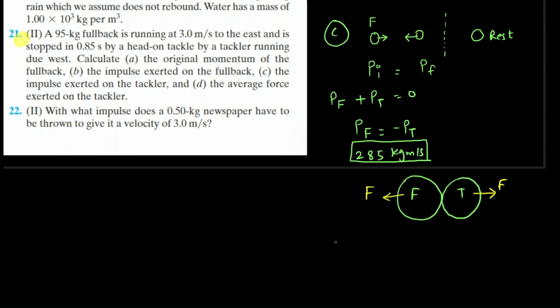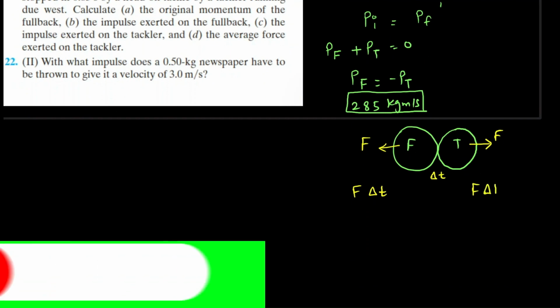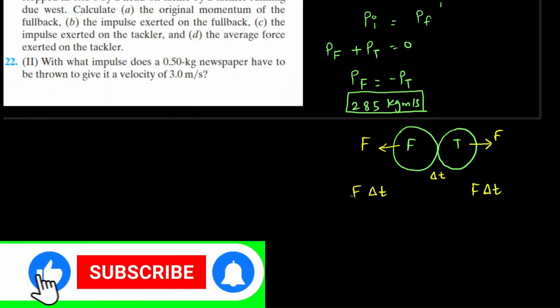Since the forces are equal and opposite and the contact time is the same, F dt is the same for both but in opposite directions. And F dt is the change in momentum.